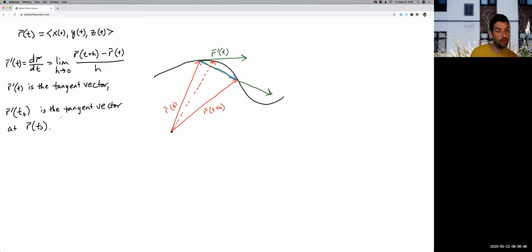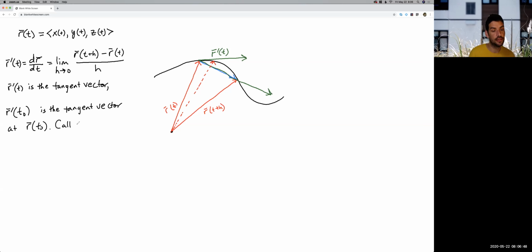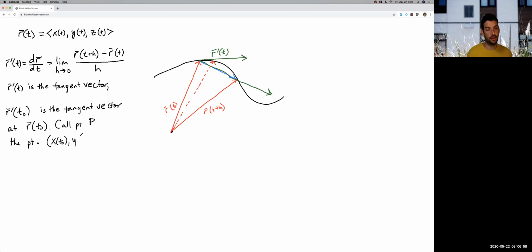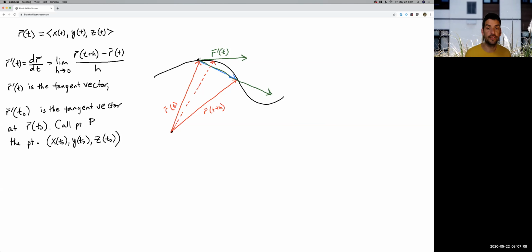And let's call point P the point x of t naught, y of t naught, z of t naught. So this just means we evaluate r at some point. We're pointing to a point on the curve. We can give that point a name. Okay, so I'm going to erase some of this now.